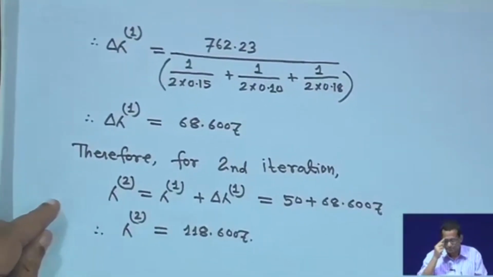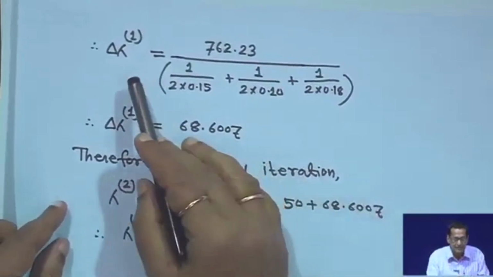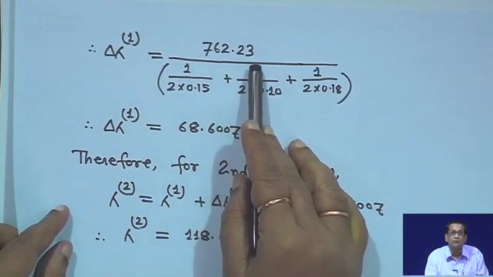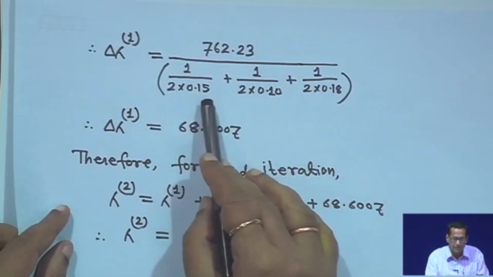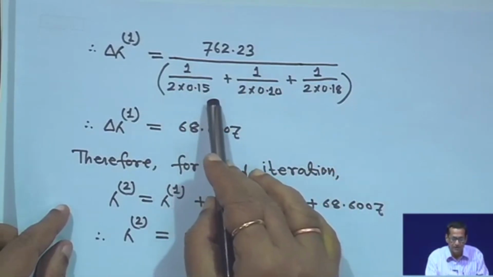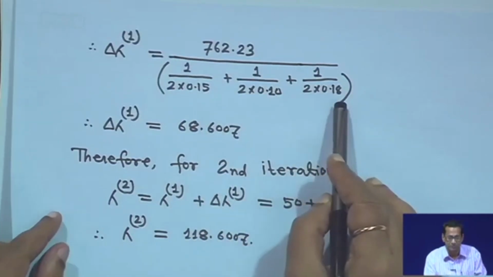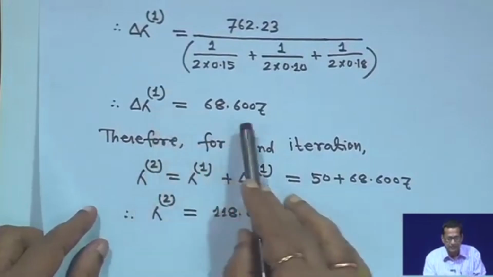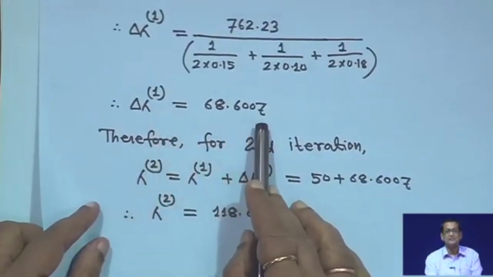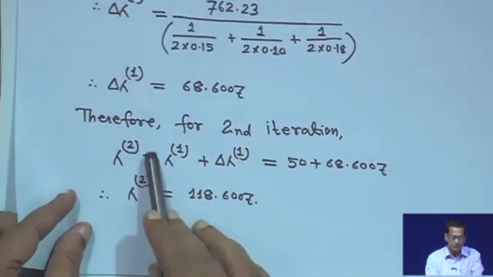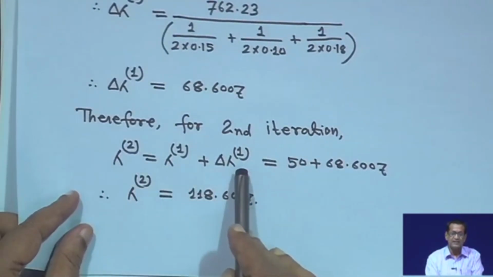In this case delta lambda 1 is equal to 762.23 divided by 1 upon 2 into 0.15 plus 1 upon 2 into 0.1 plus 1 upon 2 into 0.18. So, it is coming delta lambda 1 is equal to 68.6007. Therefore, for second iteration lambda 2 is equal to lambda 1 plus delta lambda 1.